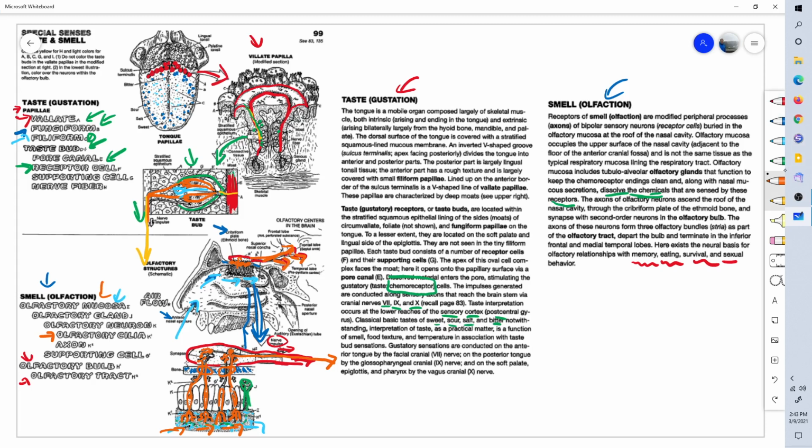And of course, the other cells here next to the olfactory neurons are supporting cells. They're not all olfactory cells. They look to be columnar epithelium.